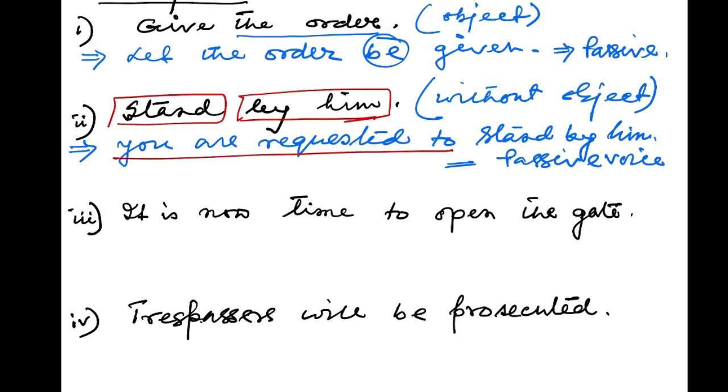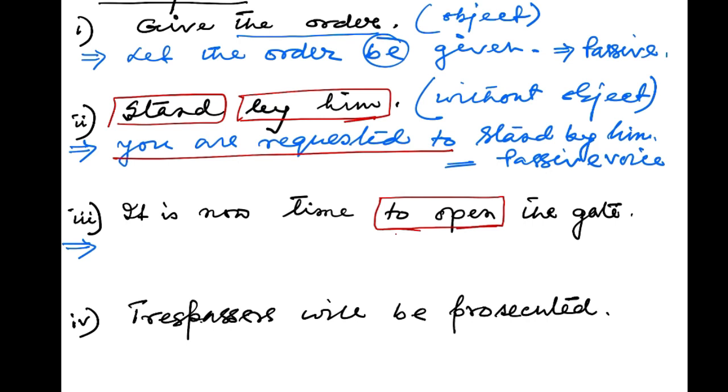Now come to this sentence. It is now time to open the gate. Students, can you recognize this? This is an example of a non-finite verb. You will get it in my previous videos. That is passive voice in the non-finite verb.